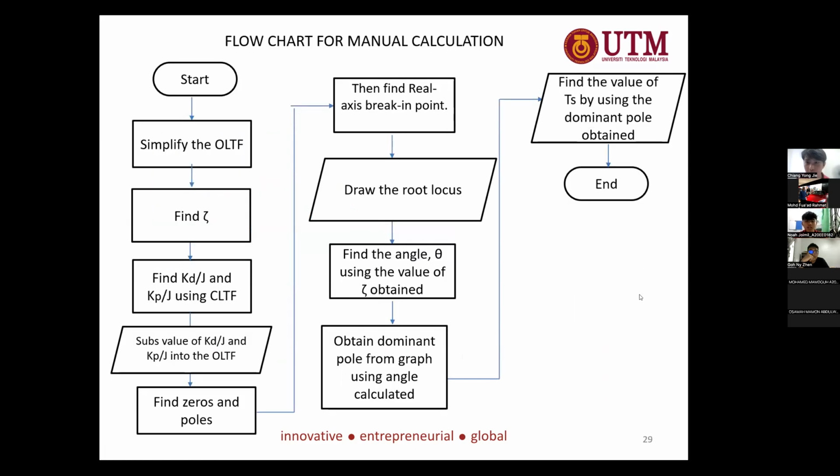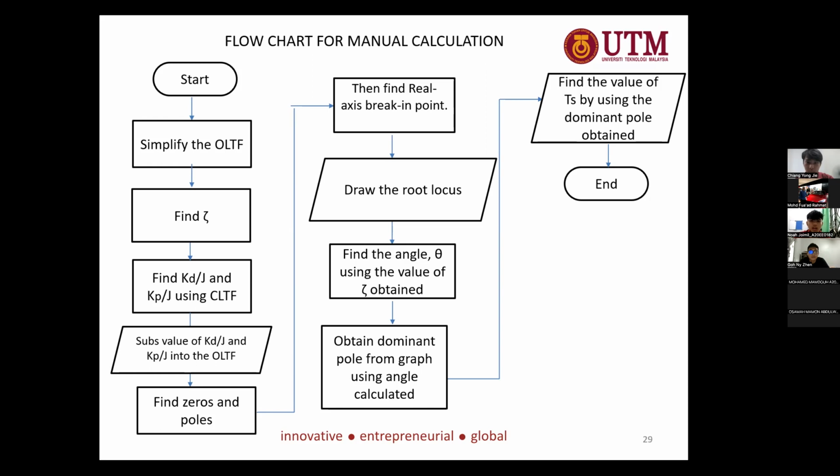Okay, so this one is my flowchart for manual calculation. Firstly, I simplify the OLTF, the open loop transfer function. Then I find the damping ratio. Then I find KD over J and KP over J using the CLTF. Then I substitute the values of KD over J and KP over J into the OLTF. Then I can find the open loop transfer function, then find the zeros and poles.